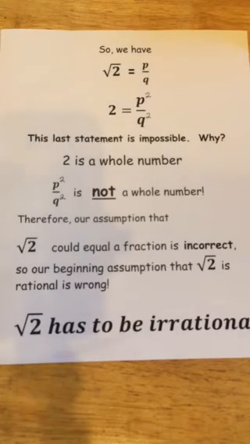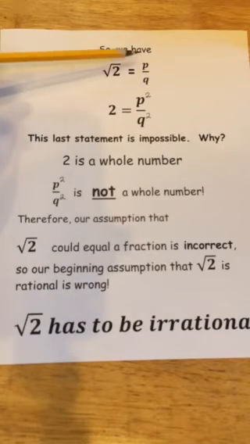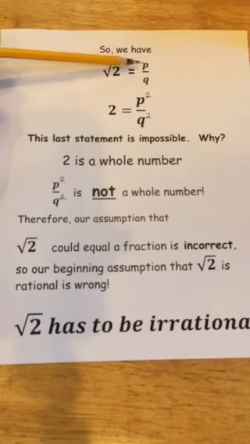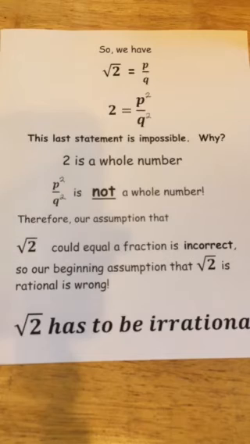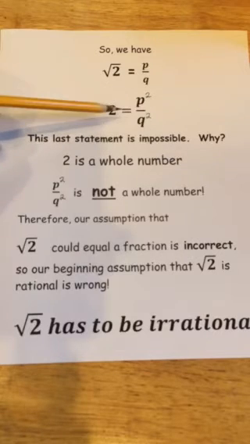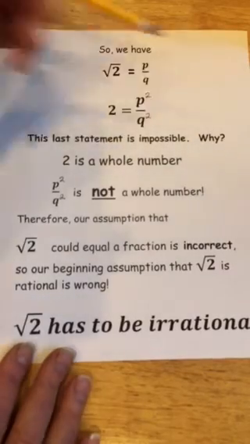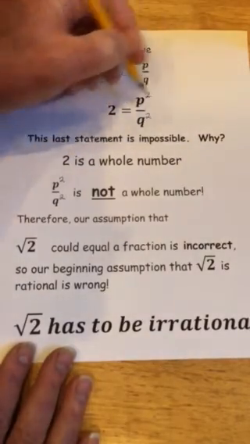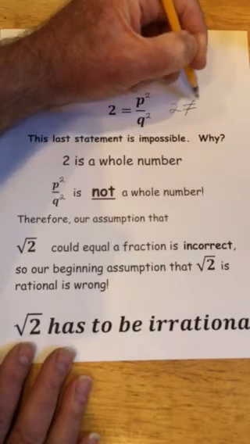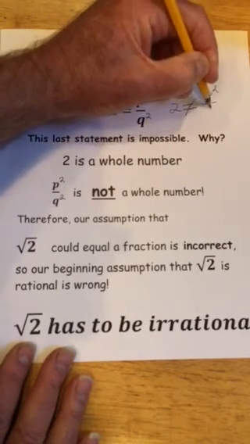But we carefully went over the fact that if you take a fully reduced fraction with a denominator that's not 1, and we know that p over q is being assumed to be such a fraction, when we square it, we will not get a whole number. Okay? It's really important to go back over the earlier part of this video if you're confused about that. What that says is 2 cannot equal p squared over q squared. In other words, this is impossible, and 2 is not equal to p squared over q squared.